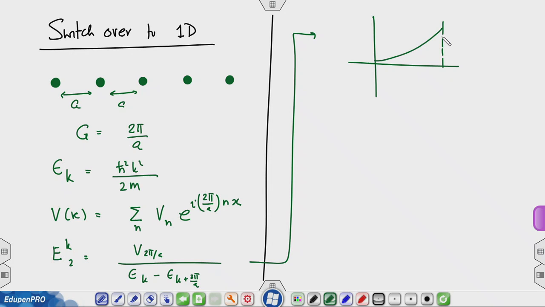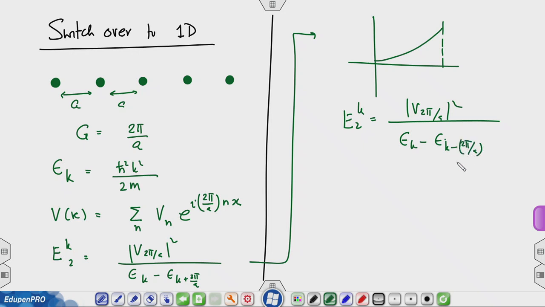So, it is actually E2 k equals V 2 pi by a mod square, I am forgetting that, divided by E k minus E k minus 2 pi by a. Again, this is fine, yeah.